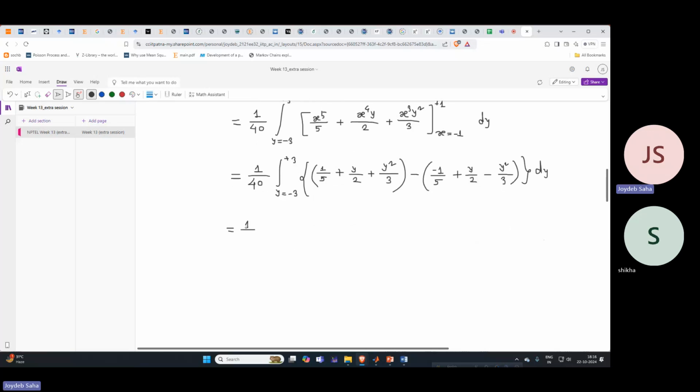Let us simplify it. It is 1 upon 40, y is equal to minus 3 to plus 3, and this is 2 upon 5 plus 2y square upon 3. Is it understandable? dy.